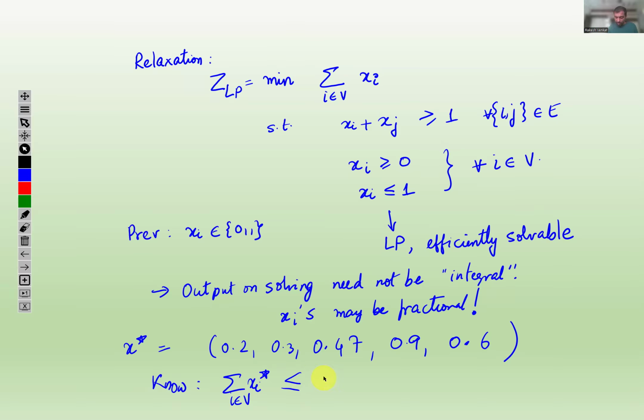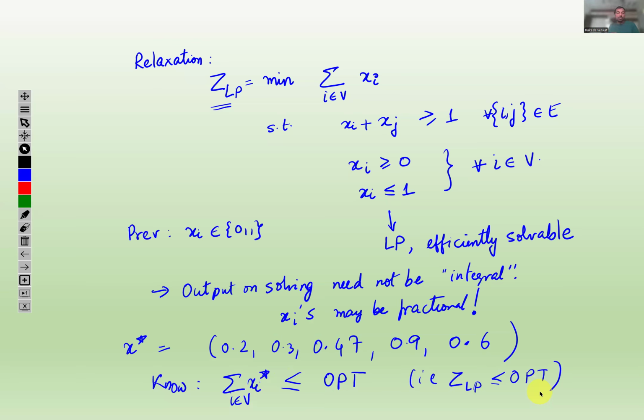What do I mean by optimum here? The minimum vertex cover in the graph. And therefore, this is just saying that ZLP is less than or equal to the optimum, always, because we expanded the domain.